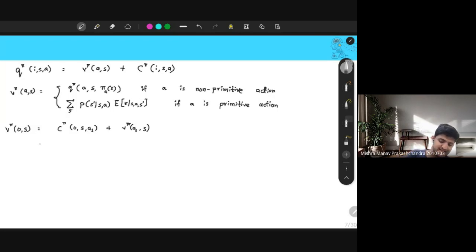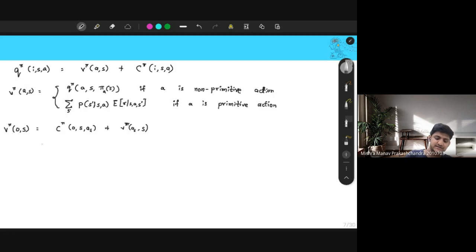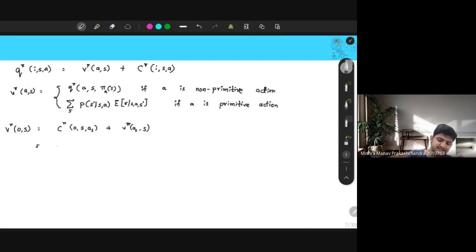Okay, so once I invoke that also, since my a1th subtask is not a primitive action, that can also be recursively written as the q function, right?